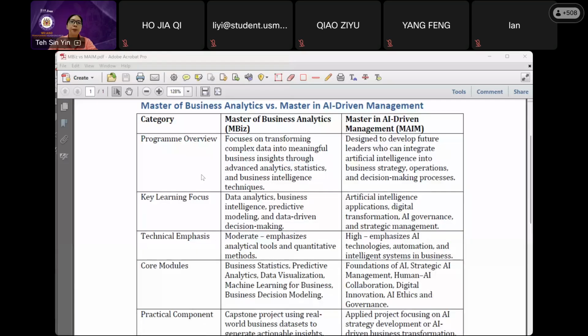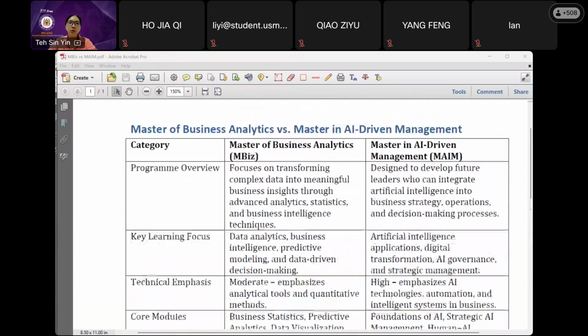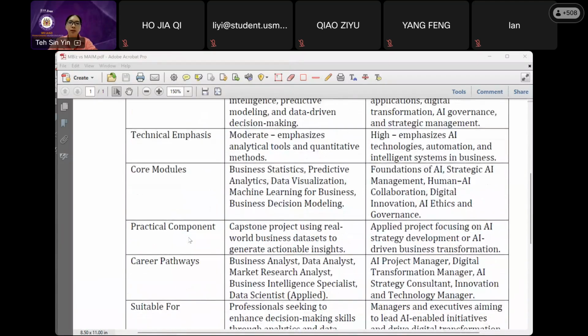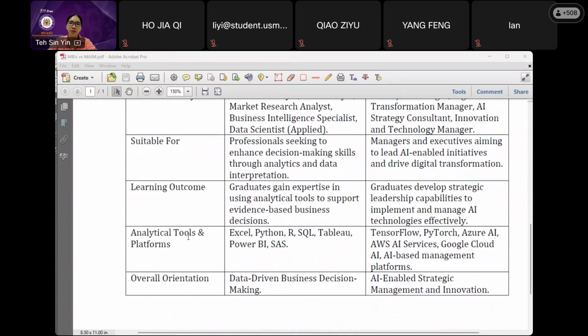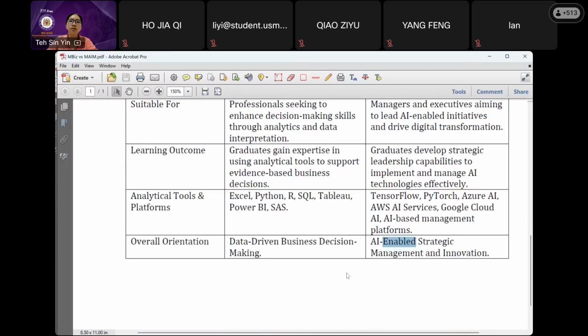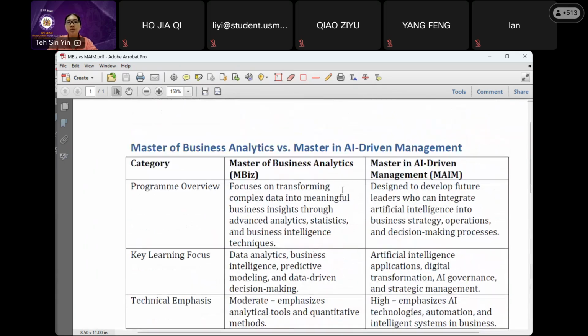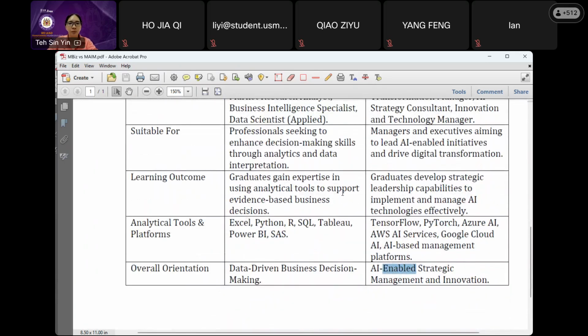I put out a very detailed comparison between the two programs, so you can take a look to understand further. These are the software that business analysts normally learn, and these are the software that should be learned by MAIM students. It is quite different because they serve different purposes. You can read the details afterward.